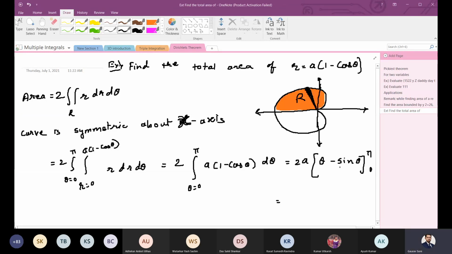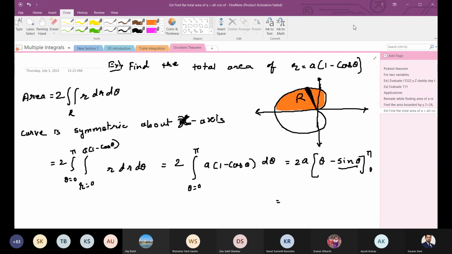At 0 as well as pi, sine theta will become 0. So we will have 2a pi. Am I right? Sir, it should be r square by 2. Yes, sorry, it should be r square by 2.